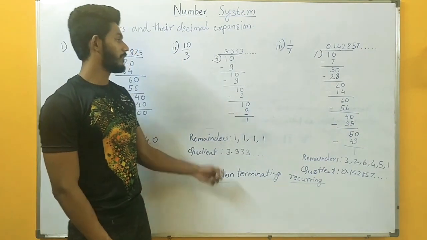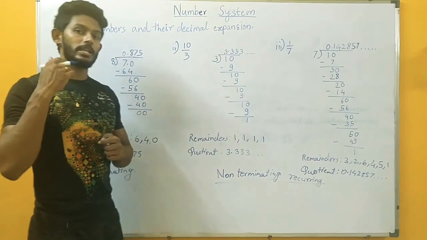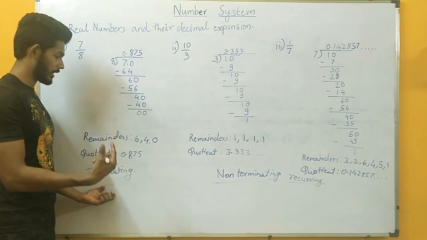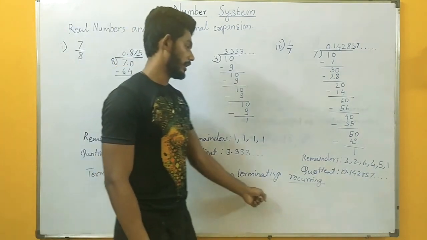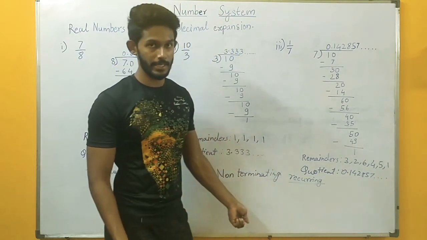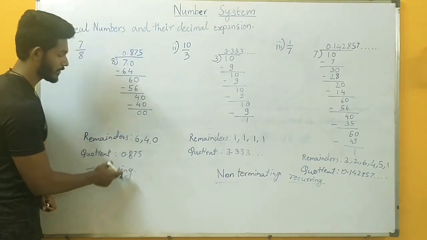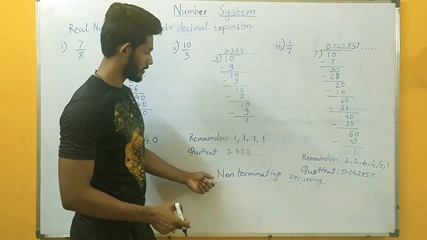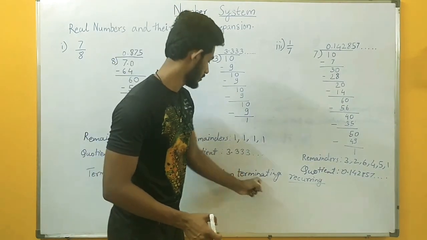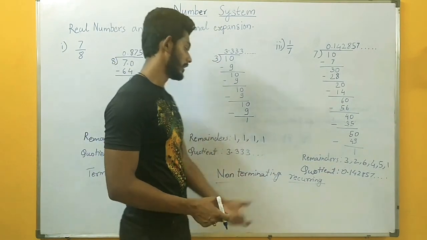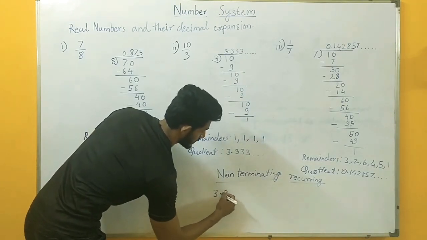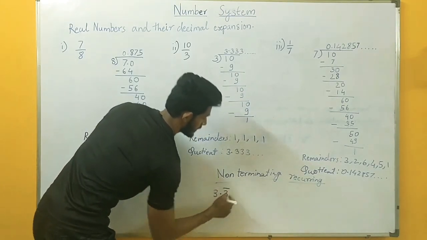So whenever we have rational numbers, there are only two possibilities. The decimal expansion will either terminate or recur, that is non-terminating. In terminating cases, we can write our quotient like this, but the usual way of writing the quotient of non-terminating cases is like this. We can write this quotient as 3.3 bar.